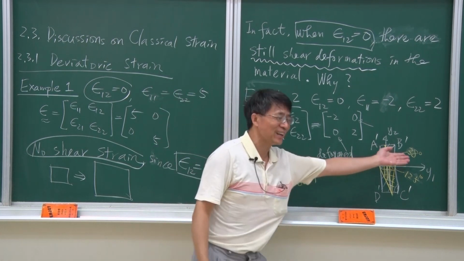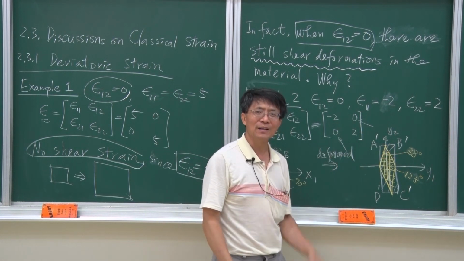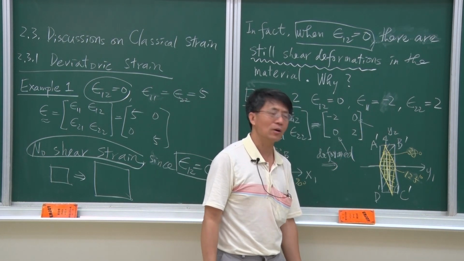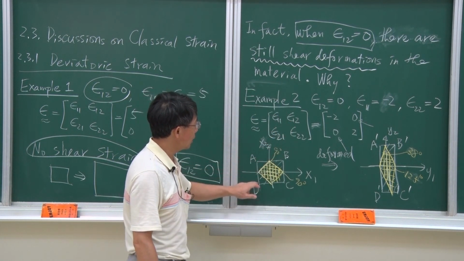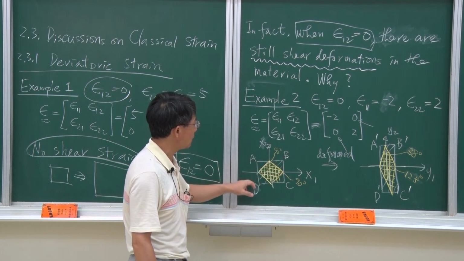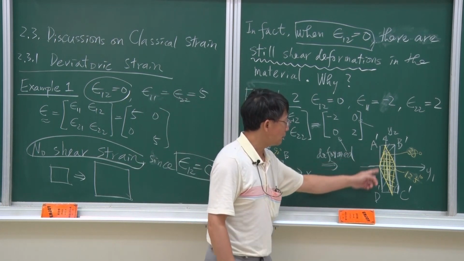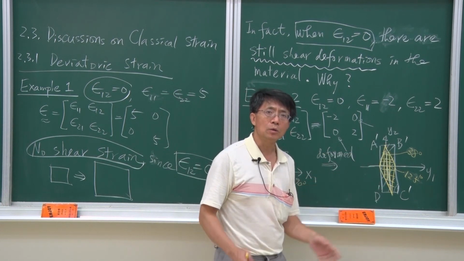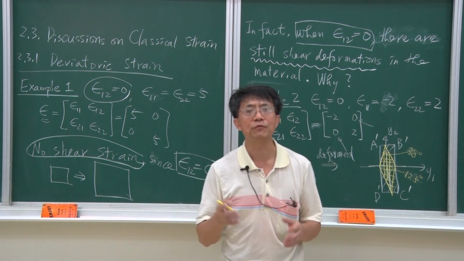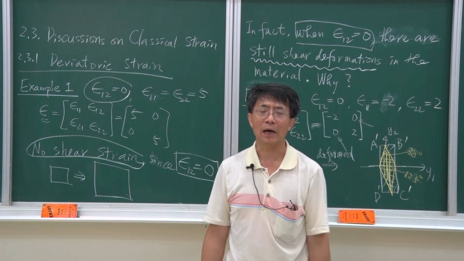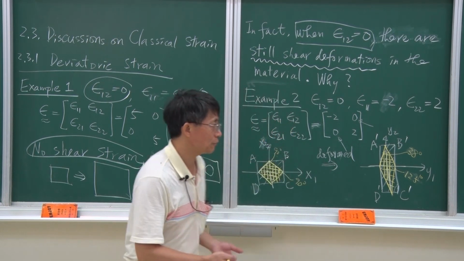If you look at the white material A, B, C, D, which becomes A prime, B prime, C prime, D prime, you don't find out easily that the material still has shear deformation.